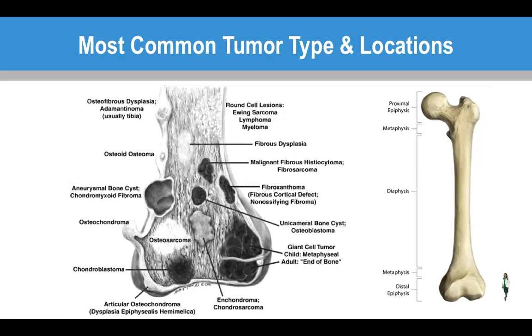And there are other lesions like fibrous dysplasia, which we're going to talk about. Aneurysmal bone cyst and osteoblastoma like to be in the medullary space. So that's some of the most common tumors and their location in a nutshell.